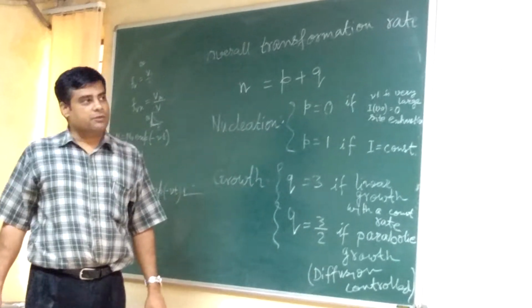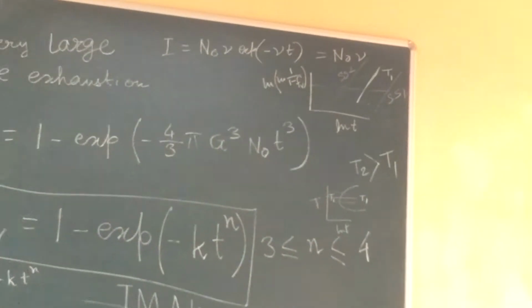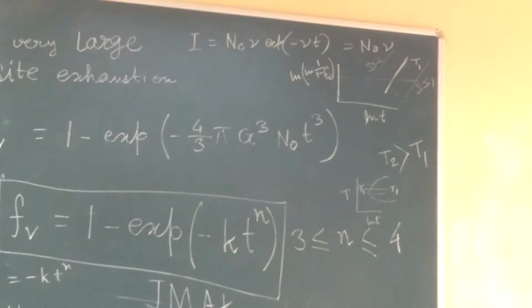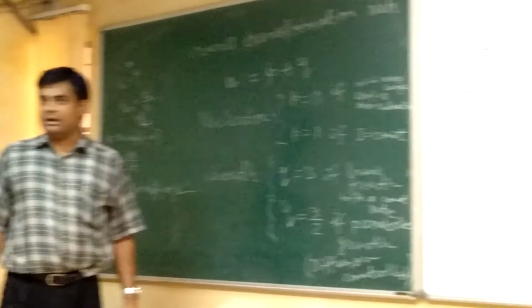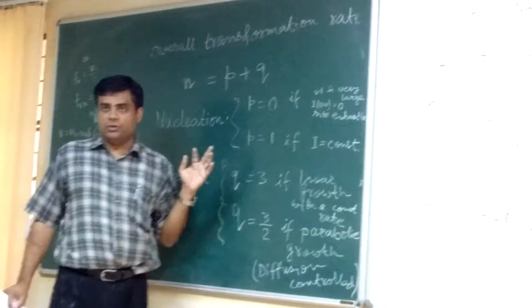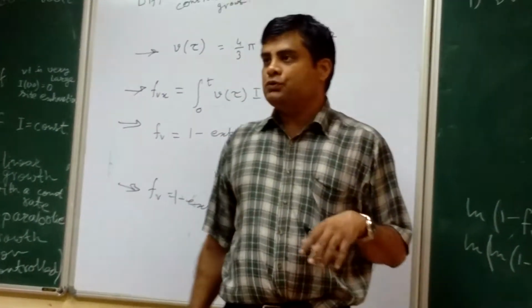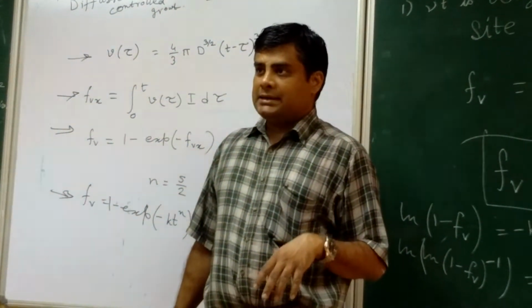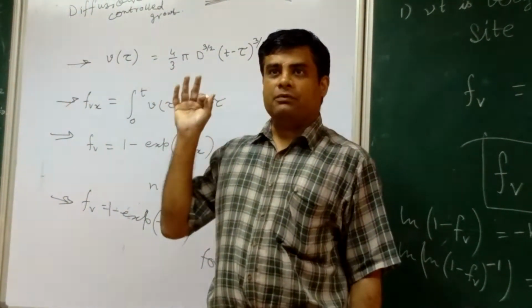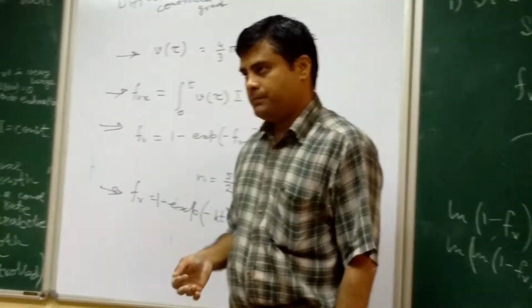So you can determine n experimentally like that from the slope of ln of 1 over 1 minus fv, but it cannot directly give you the actual mechanism, because n depends on both nucleation and growth. You should not, just from the n value, very confidently say this is the nucleation mode, this is the growth mode.